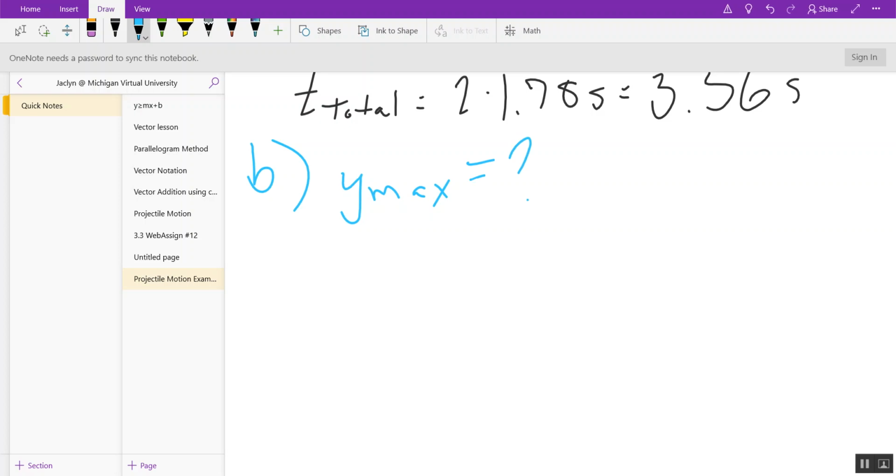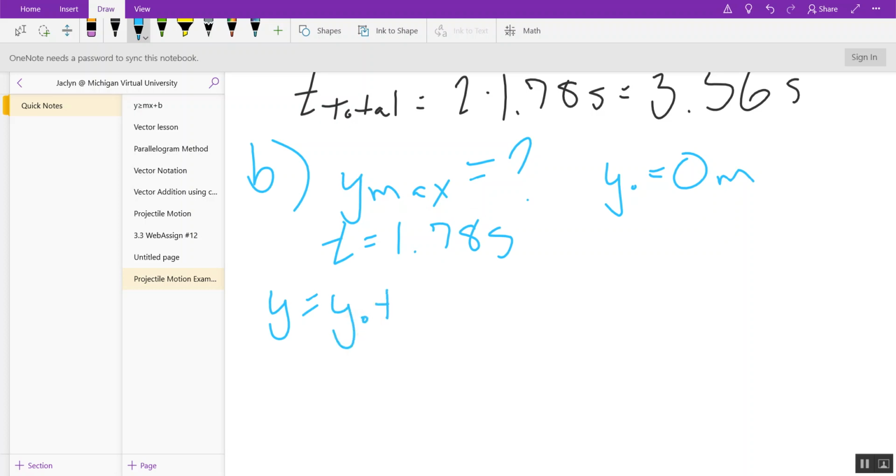I know the initial y velocity. I also know that my initial height is 0 because I start from the ground. I still know gravity, and I know the time that it takes to get to my maximum height. So that time to the maximum height we found in the last part is 1.78 seconds. So I can choose this equation right here.